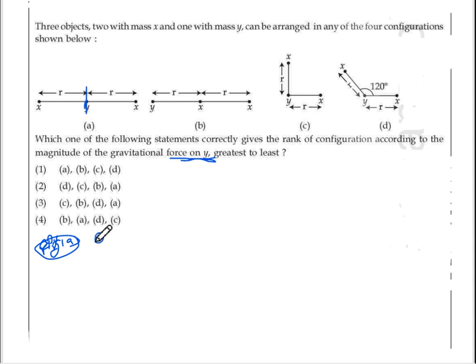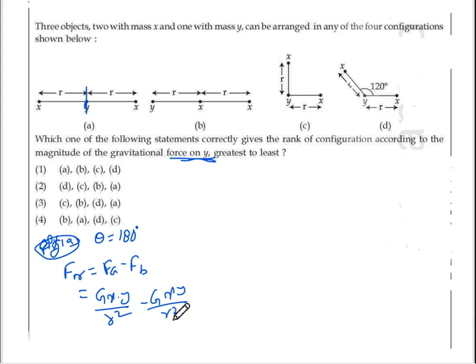So here angle theta will become 180 degrees. So the resultant force F resultant is FA minus FB. Directly using the formula, FA is G x y by r square, and similarly for the other one, G x y by r square. So it gets cancelled out, and Fr will become 0.